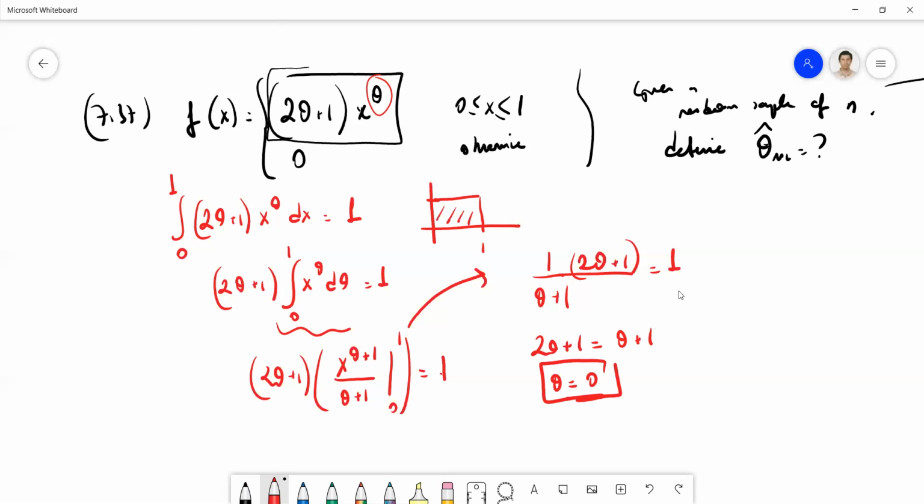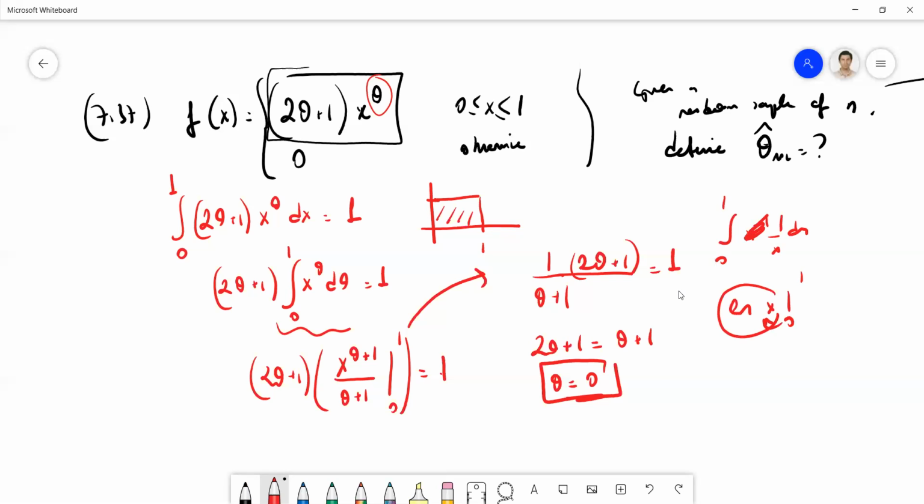Now the question may be, can there be any other value of theta which is going to satisfy this system? For instance, if theta is minus 1, then this integral is x raised to minus 1 dx, so this is going to be ln x from 0 to 1, but 0 is going to be problematic here. So I guess this is the only solution.